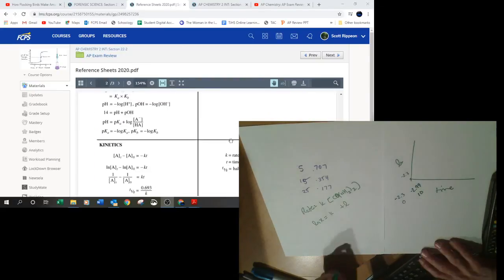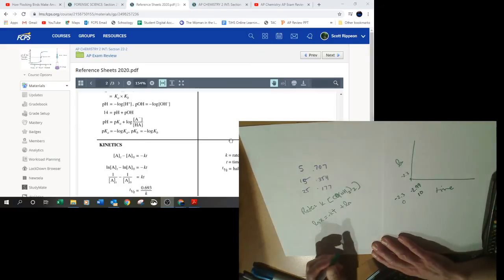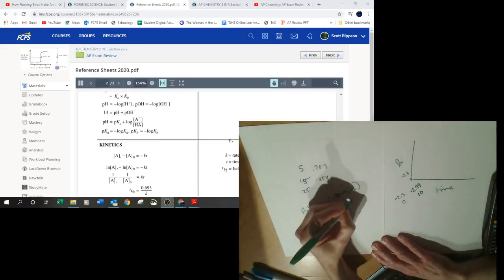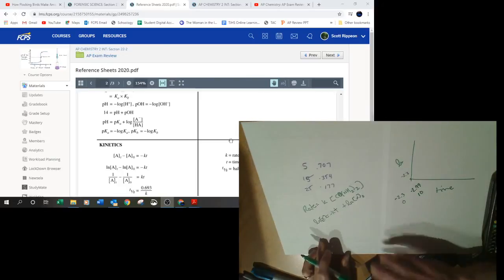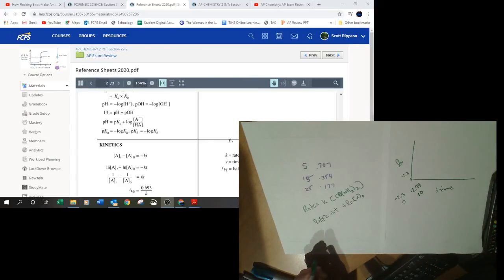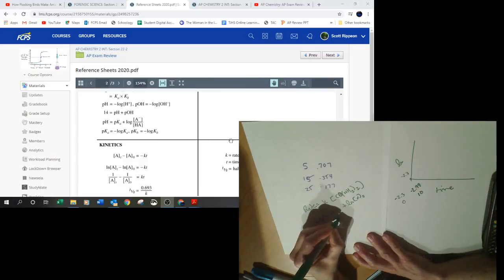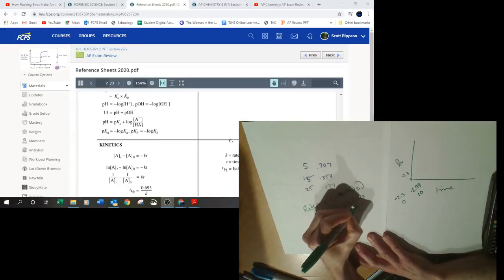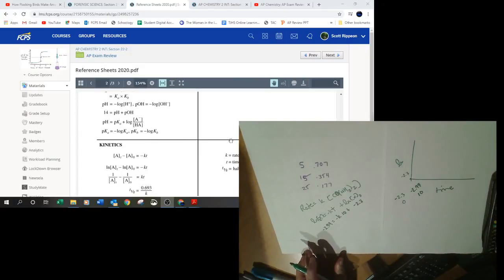Yeah, negative kt, natural log of concentration x prime. Okay, did that help? Because now we've got everything we need: the natural log of x is, say, negative 2.99, K we don't know, time was 10 hours, and then the natural log of this is negative 2.3. We should be able to do it from there, yes?